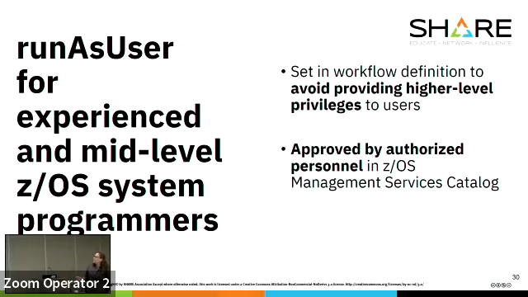You can use something that's called run as user for an experienced and mid-level system programmer. So what you can do in the workflow definition is you can avoid providing higher level privileges to the users of these services by getting the authorization to run particular steps within the workflow. And they would use the service and we would allow that user to run particular steps.